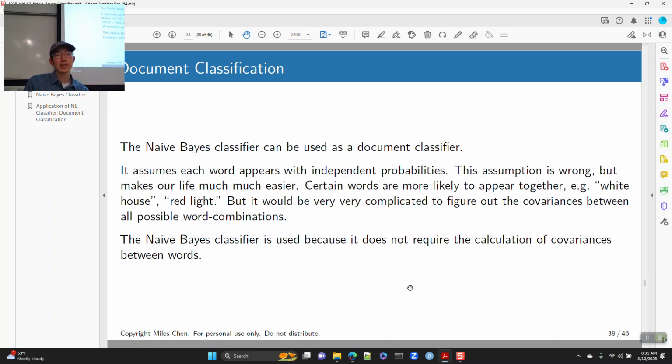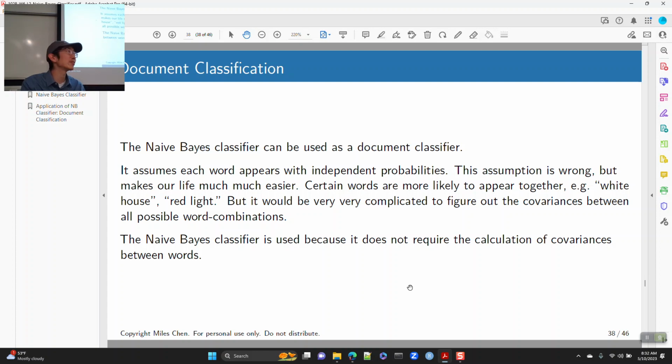We use the naive Bayes classifier because it assumes that each word appears independently from the other words in the document. That's just not going to be true, but it makes our life easier.